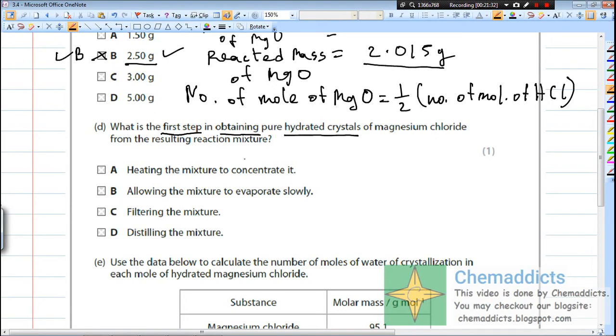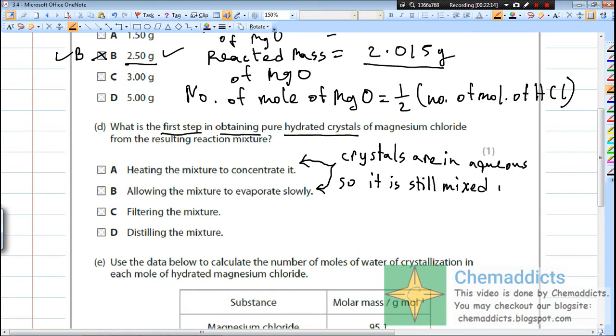So let's have a look. If we look closer at steps A and B over here, the crystals of magnesium chloride are still in aqueous solution, so they are mixed with impurities.